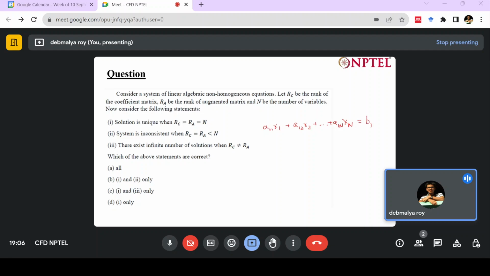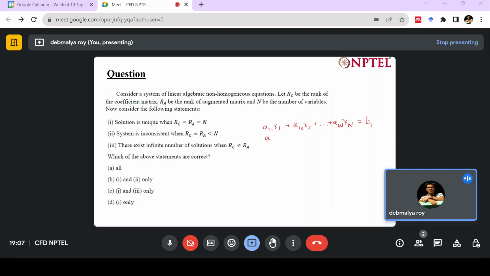So this a11, a12, these are constant coefficients, and x1, x2, x3, and so on, these are variables. And this b1 in the right hand side indicates that this is a non-homogeneous equation. If b1 were equal to 0, then it would have been a homogeneous equation.